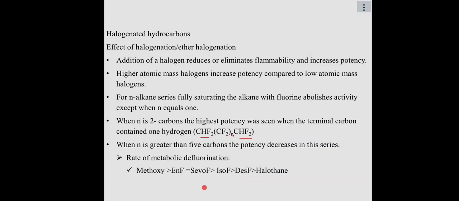So methoxyflurane has the highest rate, which is greater than enflurane, greater than sevoflurane, greater than isoflurane, greater than desflurane, and greater than halothane. In terms of defluorination, halothane is the one with the least.